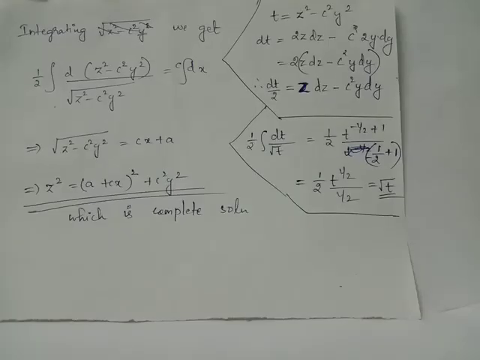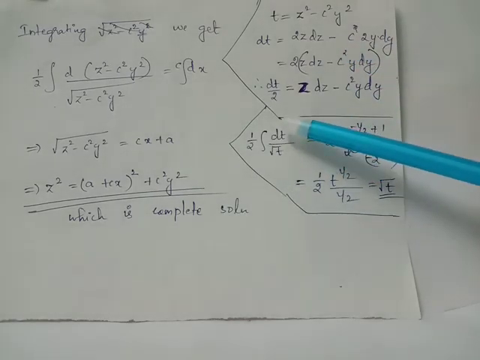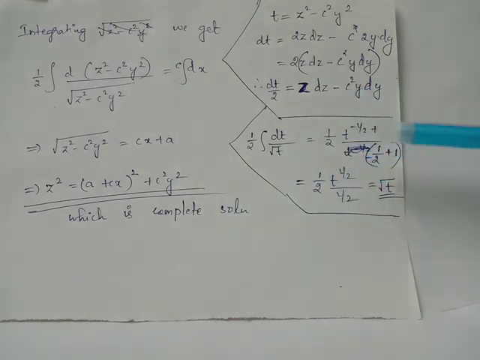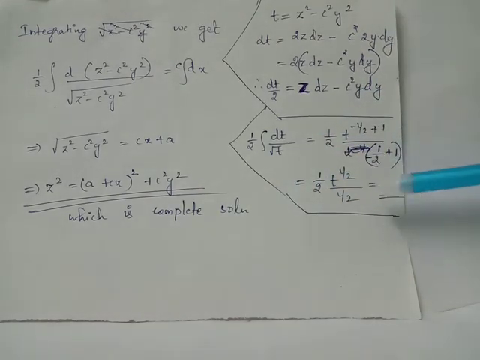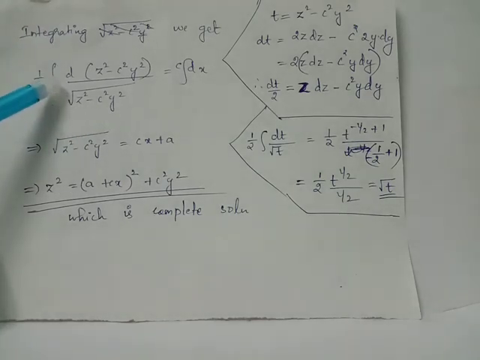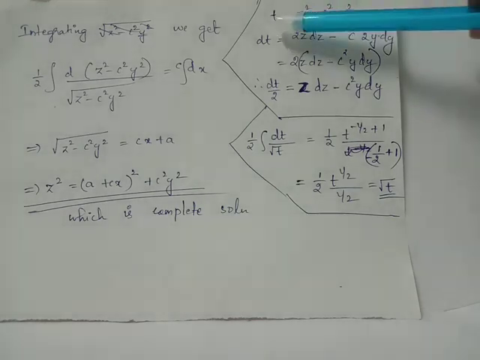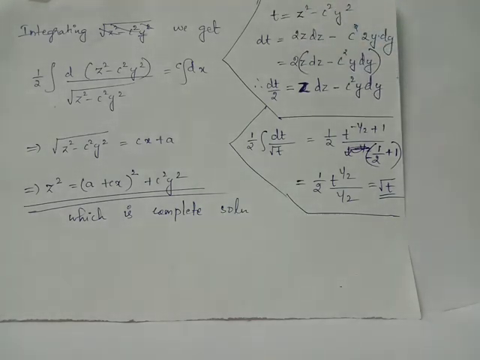When we integrate both sides, we have the integration done in the LHS in the format half times integral dt upon root t, which is obtained as root t after doing integration. Therefore, after integration, this LHS becomes root of z square minus c square y square, where we had assumed t equals z square minus c square y square.